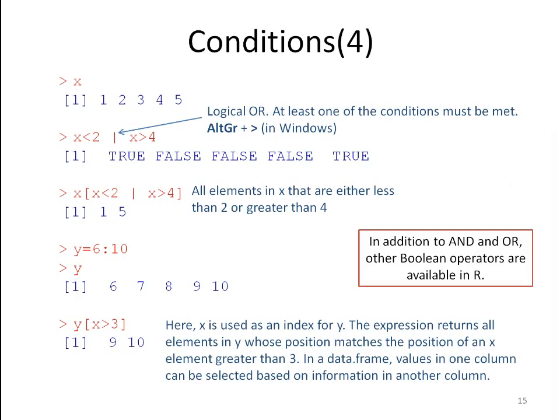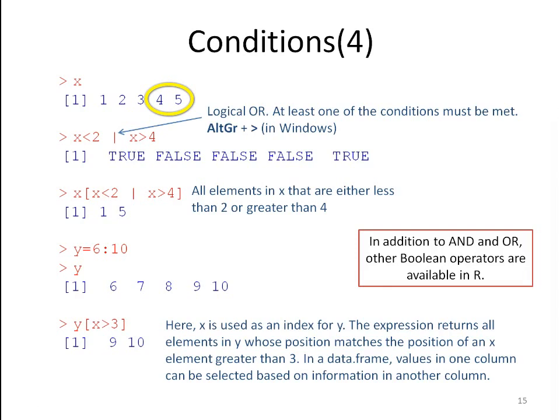And as you can see here, that's where it gets a bit complicated. You ask for the elements in y where the condition x is greater than 3 is fulfilled. And in practice, this function goes into x, looks for all the places in which x is actually greater than 3.